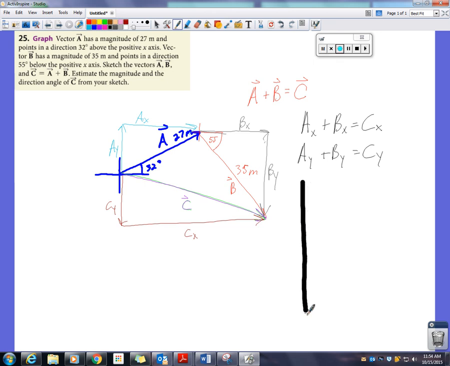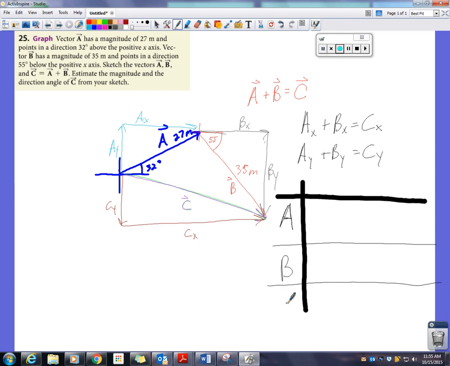I don't know why it keeps getting so big, but we'll work with it for now. So vector A and vector B, and the sum is vector C.